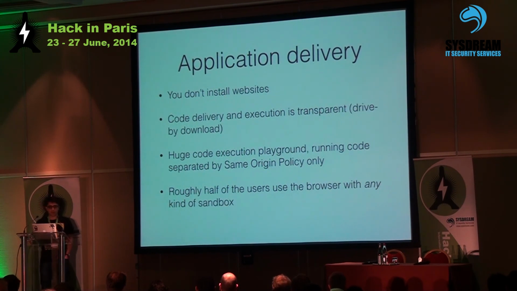And yes, there can be an exploit in there somewhere, and you are very weak in trying to verify all that, right? So this code delivery and execution is pretty transparent for the end user. And the only thing that protects you is same origin policy, like that's ever helped anyone, at least in the crypto world. That's a very weak protection mechanism that you have.